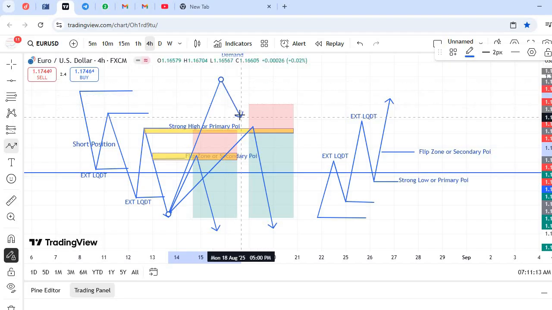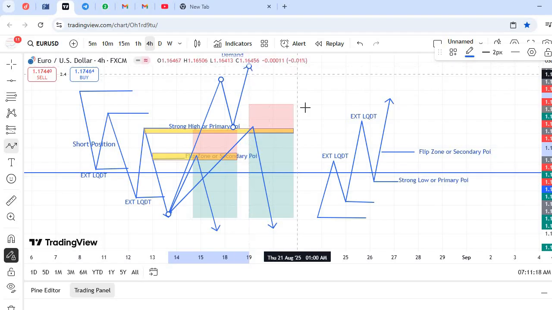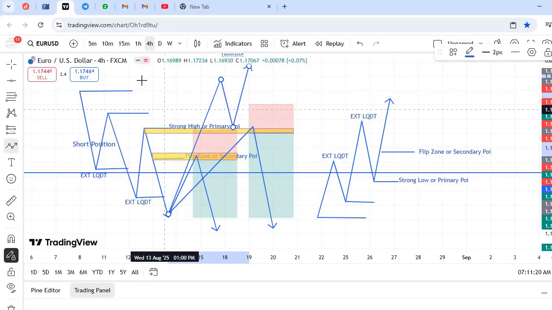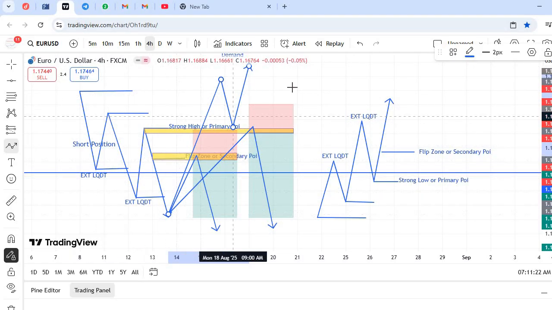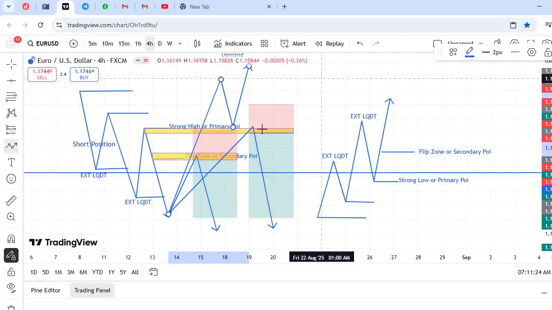Maybe it breaks out, we test, then it's now going up. That means there's now a change of trend from a downtrend to an uptrend. So that is the explanation for this.